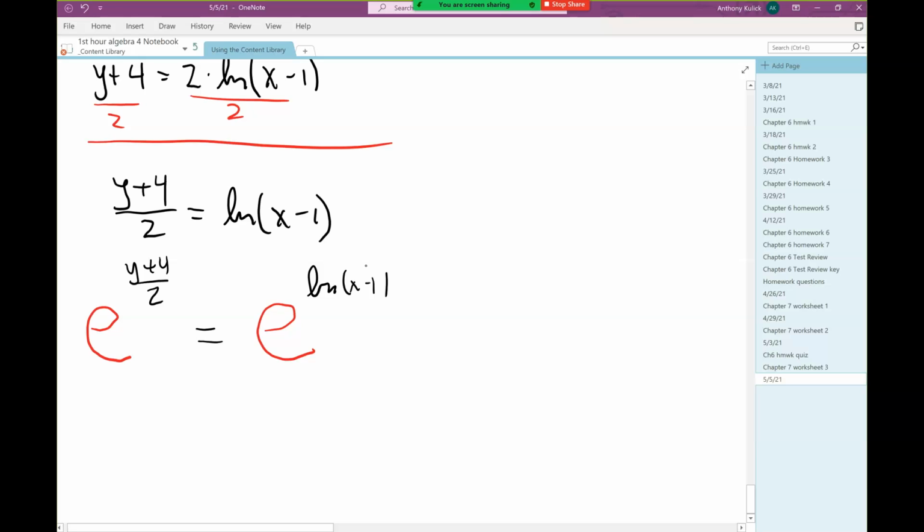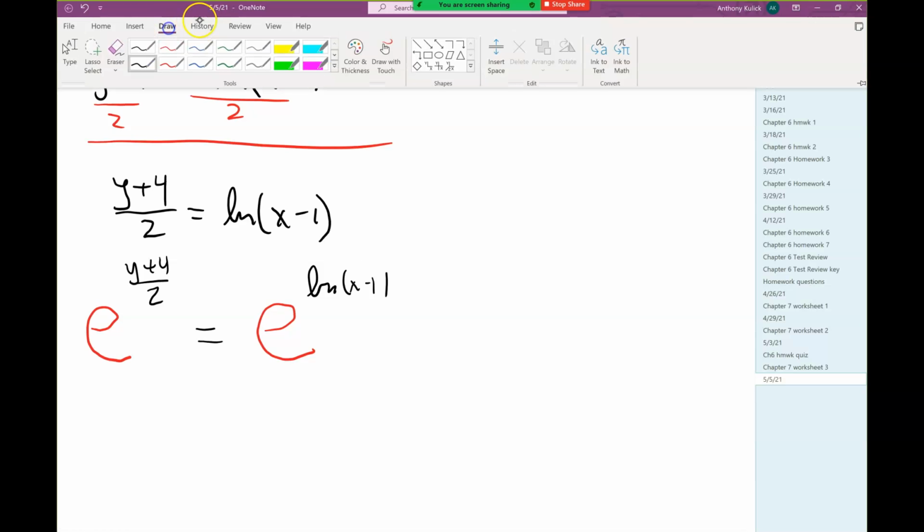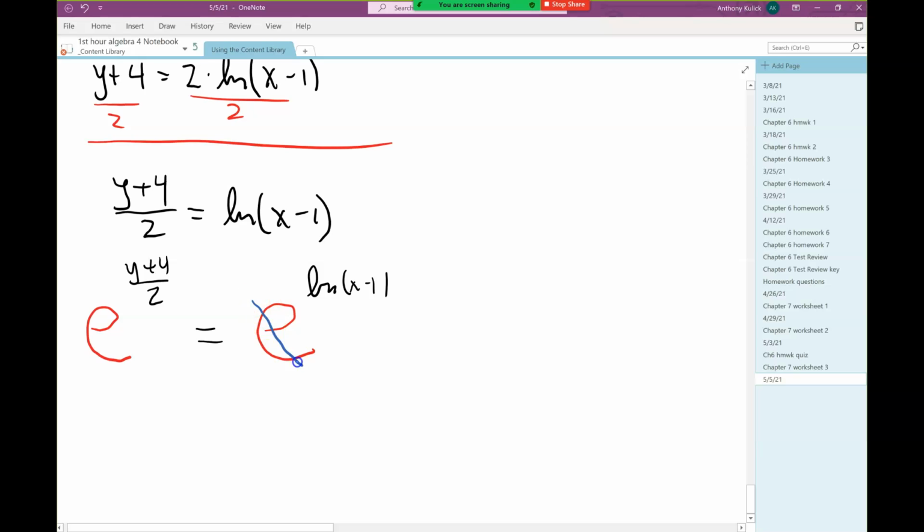I want it to look like an exponent base. And as we've discussed previously, that exponent base is going to cancel the logarithm, and I'm left with the x minus 1 that was inside the logarithm.